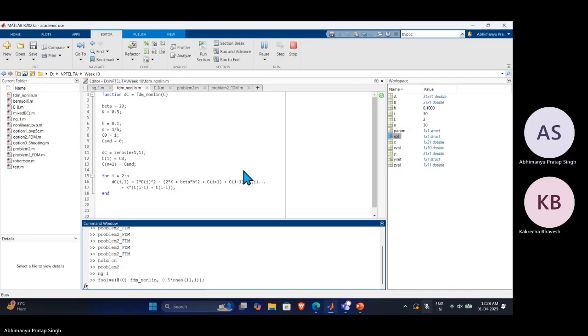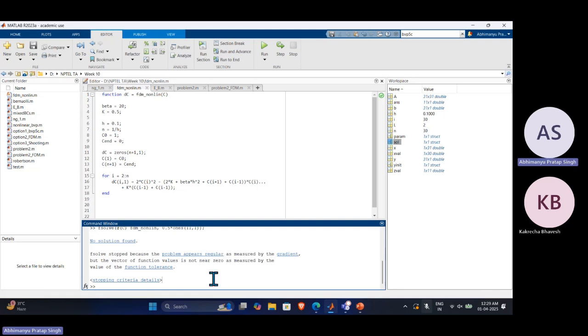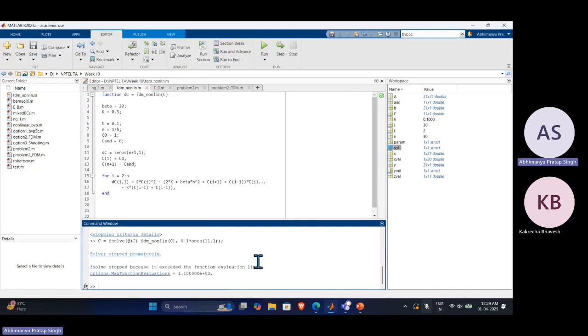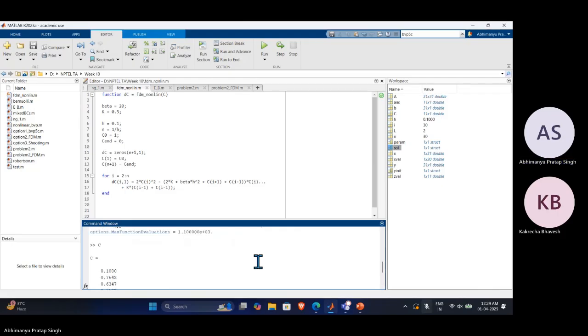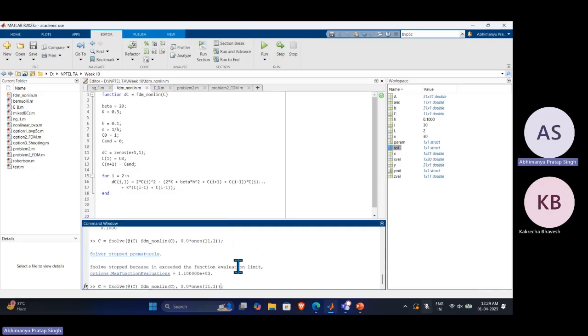Let's see what we're getting. No solution found. It's not really converging to a proper solution.